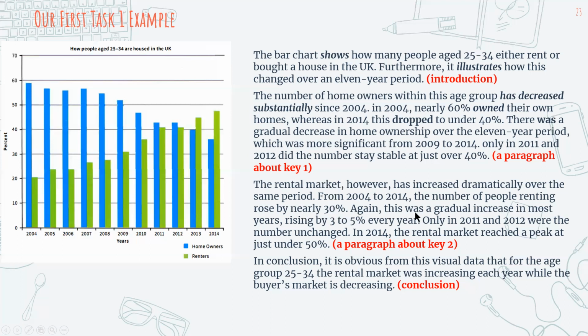Again, this was a gradual increase in most years. The increase in renters was gradual in most years, because in 2011 and 2012 it wasn't gradual, it stayed the same. So I said in most years, rising by 3 to 5% every year.